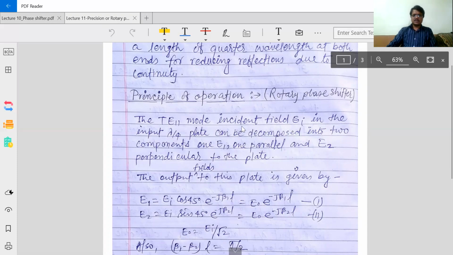And this incident electric field Ei in the input lambda by 4 plate can be decomposed into two components, one, E1, parallel to the input plate and E2 perpendicular to the input plate.